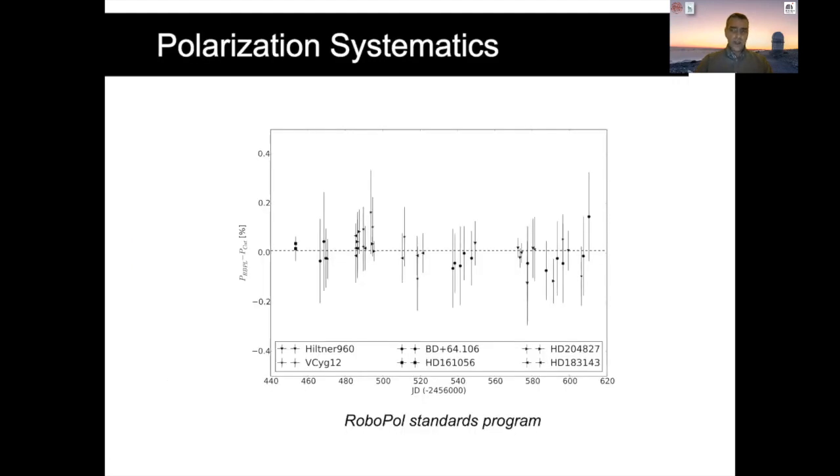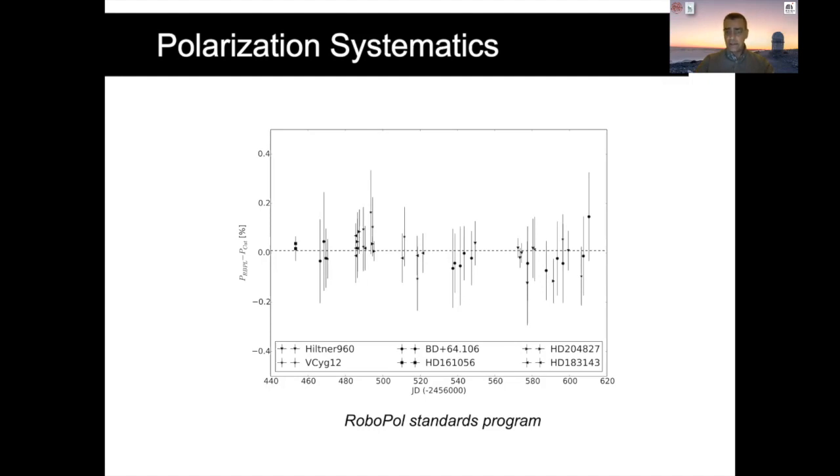Since we are pushing the envelope, though, of polarimetry with this program, systematic uncertainty is the major obstacle for reaching such low optical polarization levels. For the last 4 years, we have been observing a large number of stars with RoboPol to establish stable polarimetric standards down to 0.1% all over the target area of the sky.